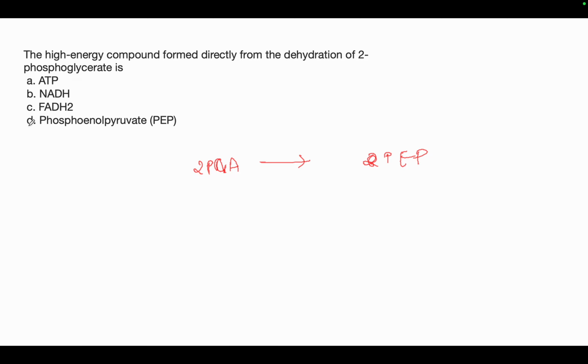It's a high energy compound because it has a phospho group. So this phosphate group formation results in the formation of PEP, so we have phosphoenol pyruvate generation.